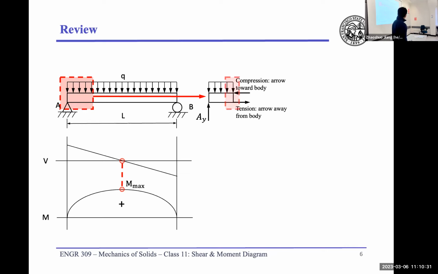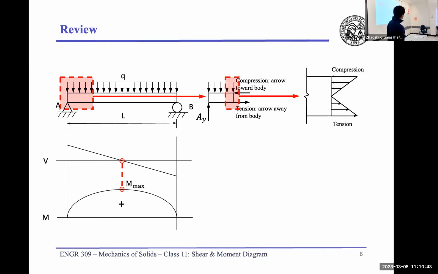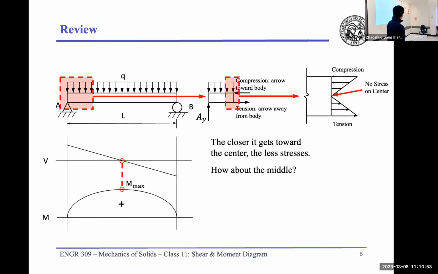If you look at the stress, this is a blown up view of that cross section. We have the top in compression, and we have the bottom in tension, right? And there has to be a point that is in transition, right? That point is located in the middle for this particular case.